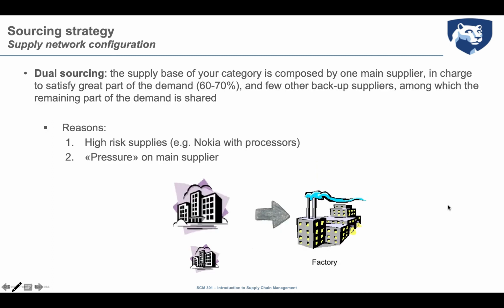An evolution of single sourcing is dual sourcing, where not only do I have one main partner, but I have what is called a backup, or one or more backup suppliers. So basically I have one main supplier which is in charge of 60-70%, maximum 80, okay? So 60, 70 or 80, not 90, and a few other backup suppliers.